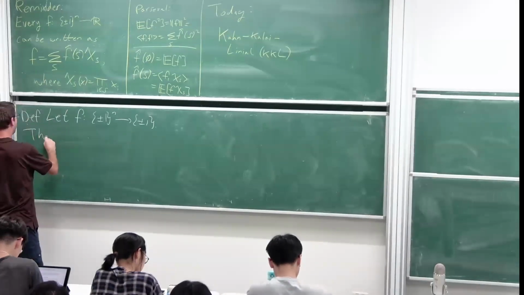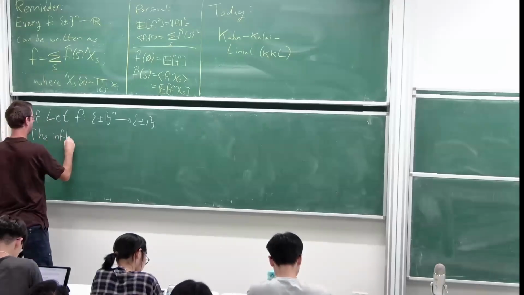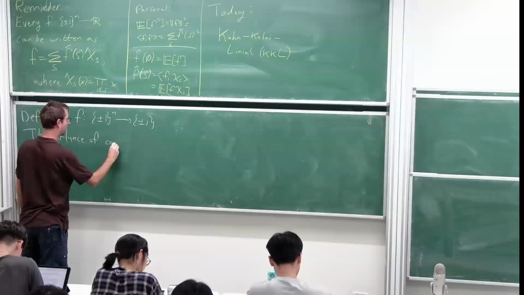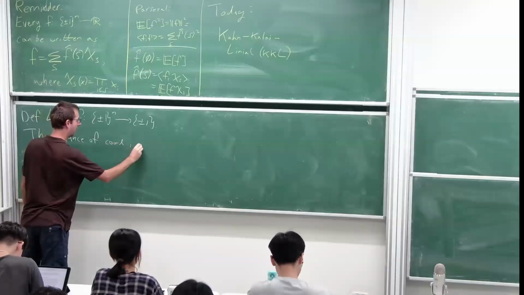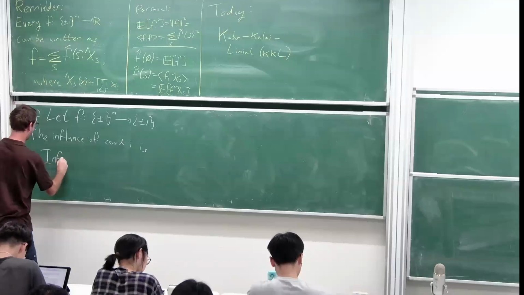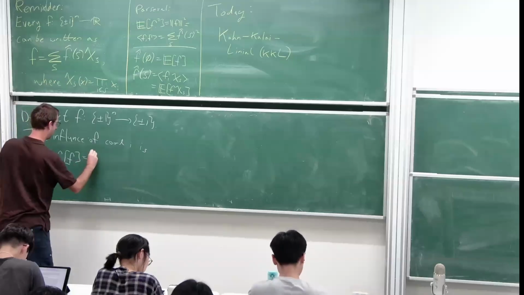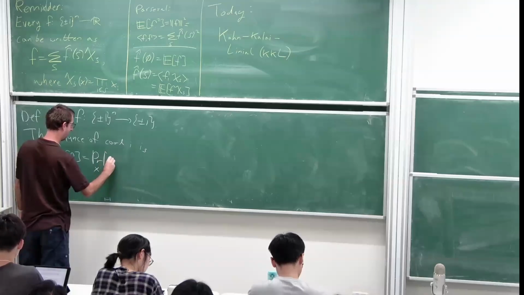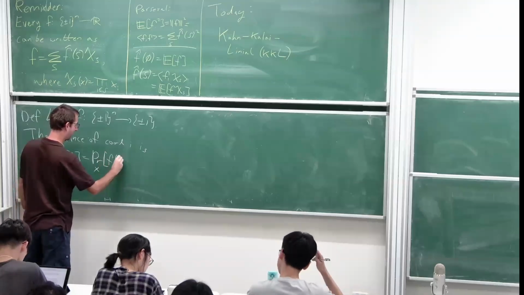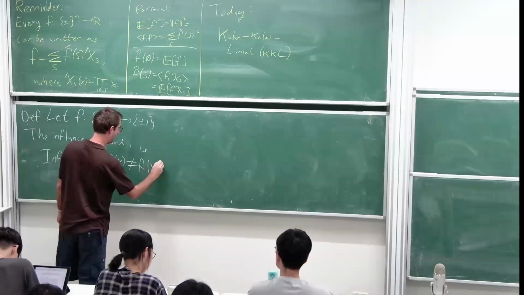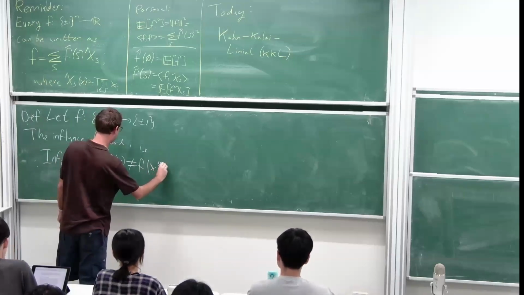The influence of coordinate i, denoted inf_i of f, is the probability, if you choose x at random, that f of x is different from f of x when you flip the ith coordinate.